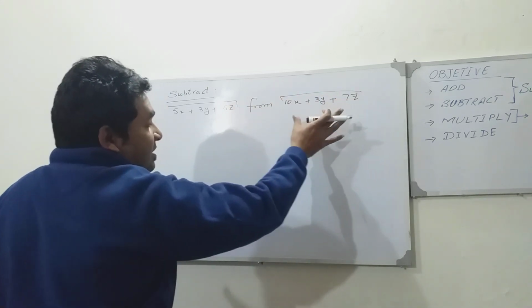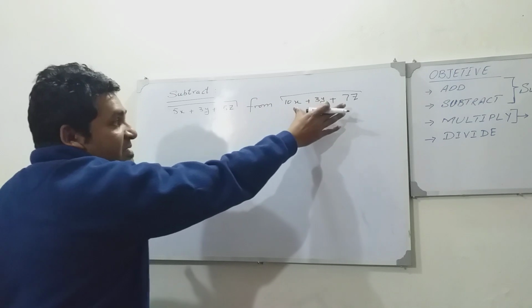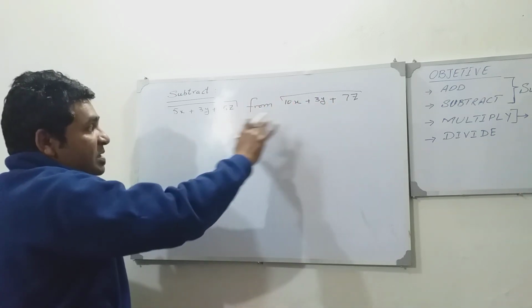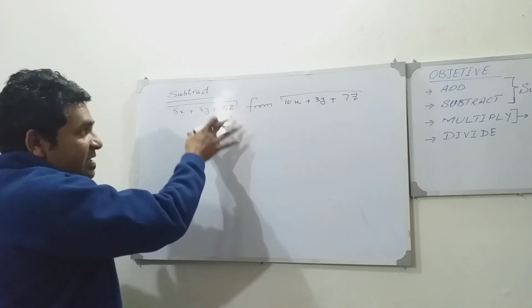Because we have to subtract from it, this should be the top expression when we write them in vertical form.